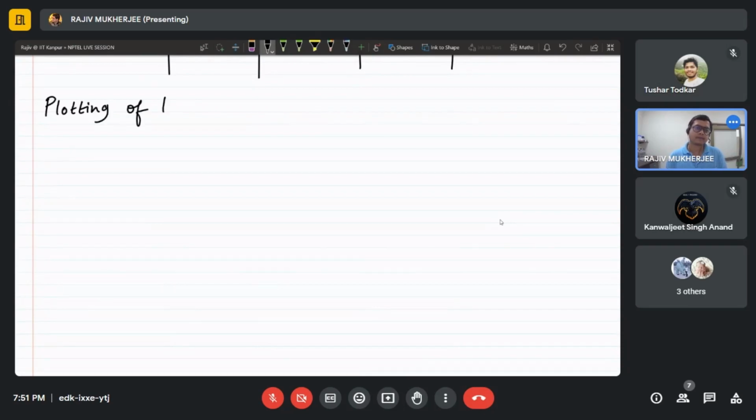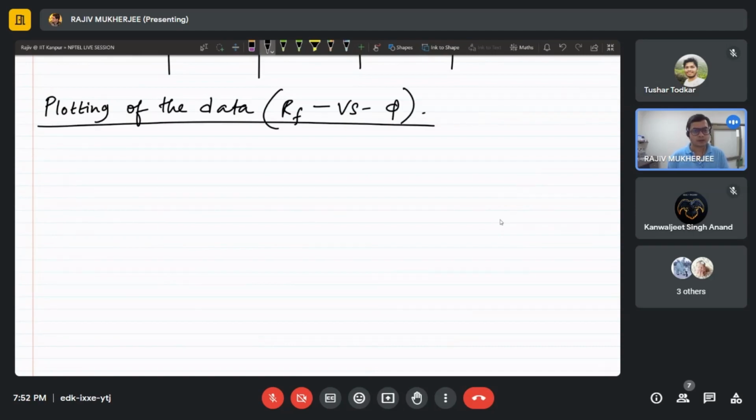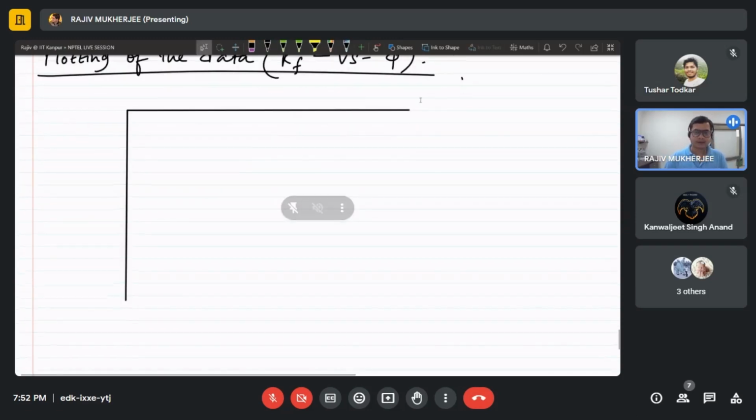So you have one axis, you have another axis, and this plot is essentially plotted this way. I'm showing you just a reference. So this is phi in degrees, right? And this is the RF. RF doesn't have any unit because it is dimensionless, right? So the degrees would go from 0 to 180.